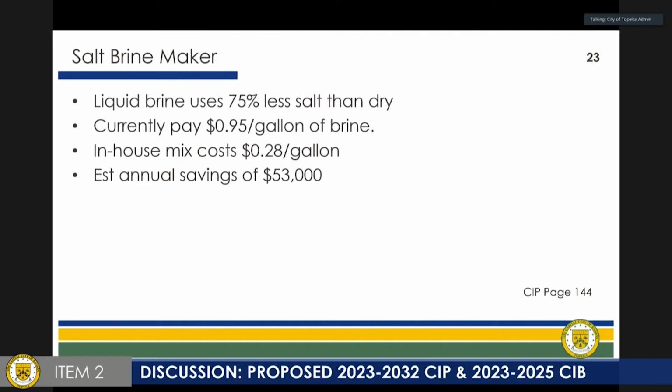The price that is in the CIP this year is probably a little understated. It's the price tag for the equipment itself, but it does not include, for example, some plumbing and some auxiliary products. So when we get to that project table, we'll speak a little more to that.